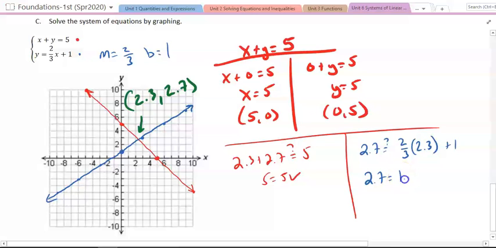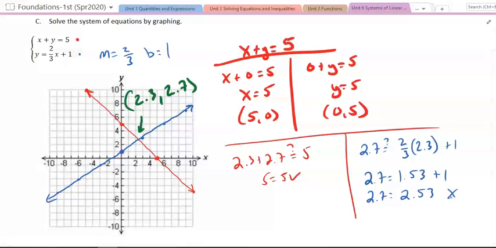And so 1.53 plus the 1 gives me 2.53. So those don't match up, but they're pretty close, right? 2.7 and 2.53, they're pretty close. So we can tell that we're close to this answer, but it's not precise.